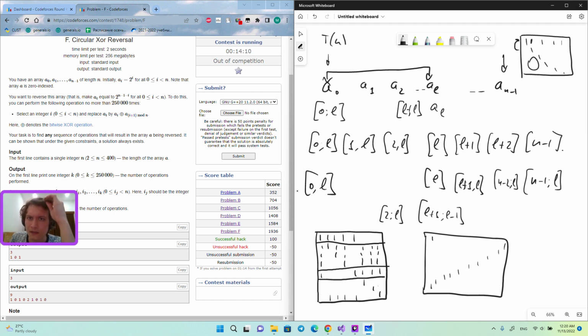So T of n is maybe 1 plus preparation of some ones here. Okay, I prepared them. Then I performed the same operation. Now this is purely ones. And now plus T of n minus 1. So what is S of n minus 1? But sadly enough, it seems like this is something terribly big.